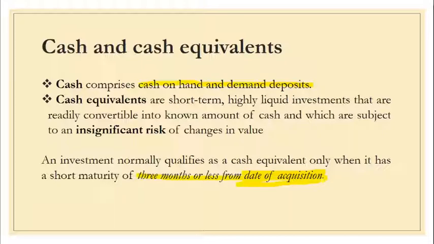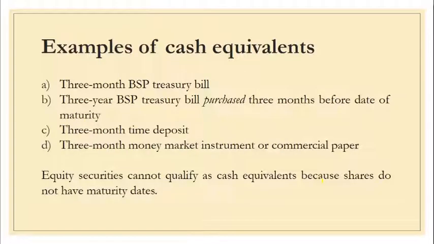So let's have some examples of cash equivalents. You have a 3-month BSP Treasury bill, or a 3-year BSP Treasury bill, however, it was purchased 3 months before the date of maturity. So the purchase is the date of acquisition. Still, it satisfied the condition that it should be 3 months or less from the date of acquisition, even though it is a 3-year bill.